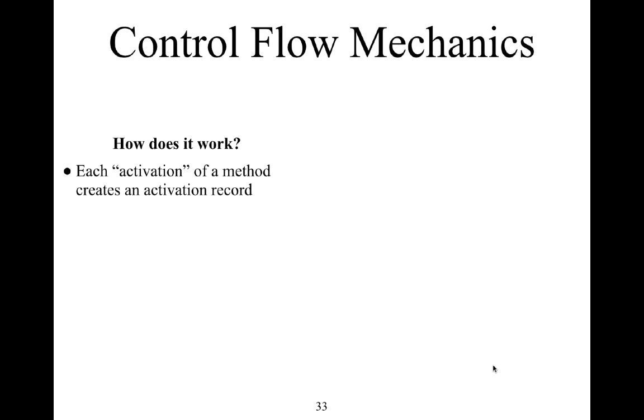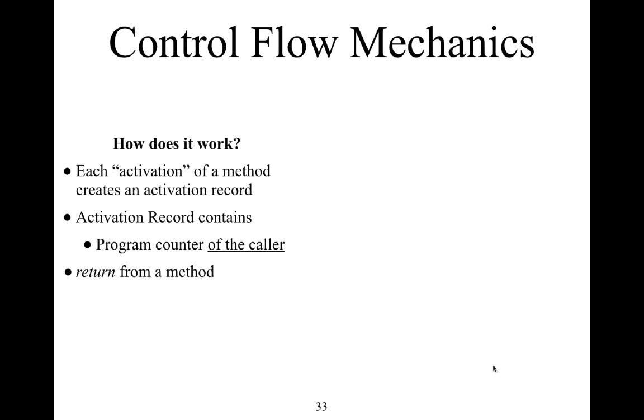So let's look at it again. Each activation of a method creates an activation record. The activation record contains a reference to the program counter of the caller at the point of call. It has information that allows the called method to return properly.